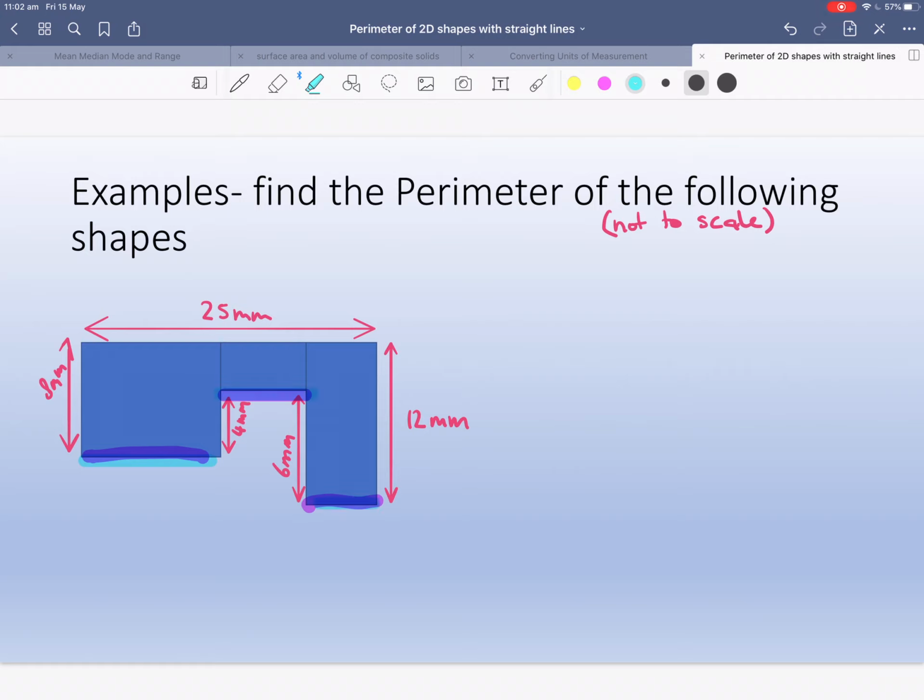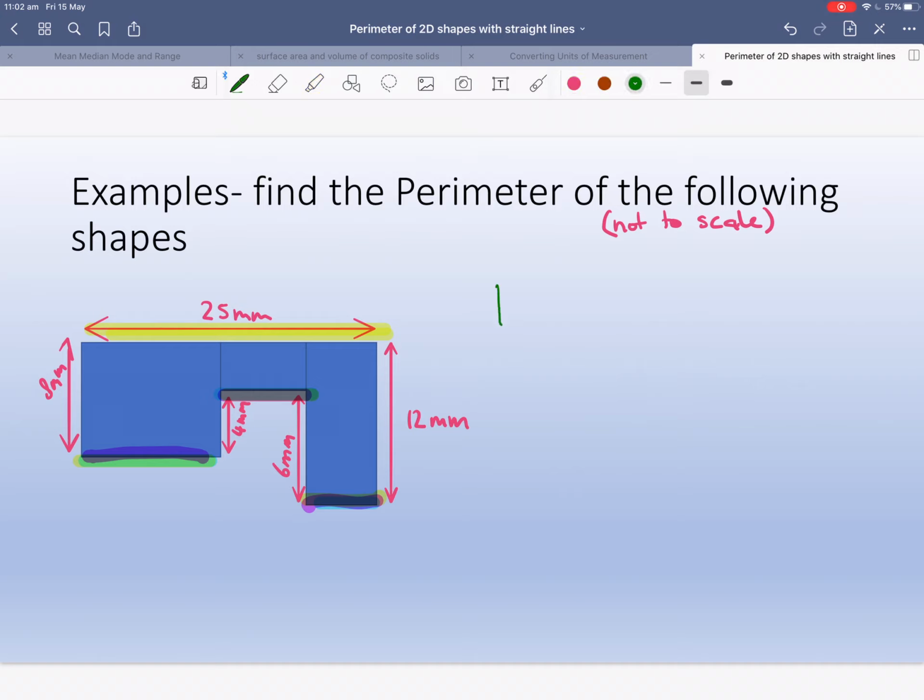So what is that? Well, notice that this length is 25 millimeters. And if I add these 3 lines up, it's exactly the same as the 25 millimeters. So that will compensate for that. All right. And then other than that, I'm just going to add up all the perimeter.